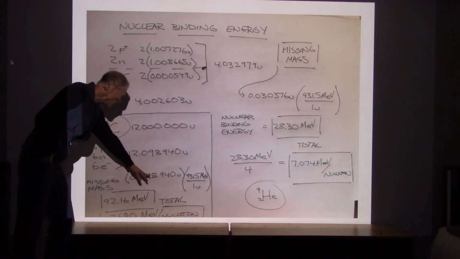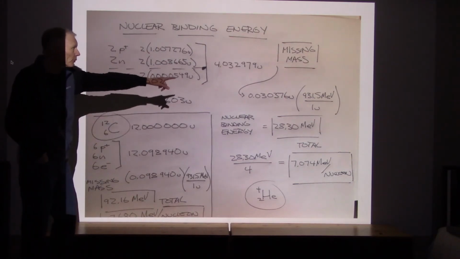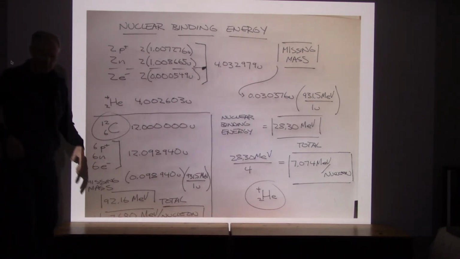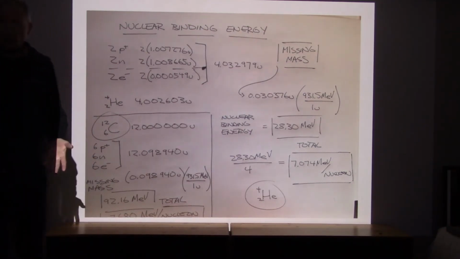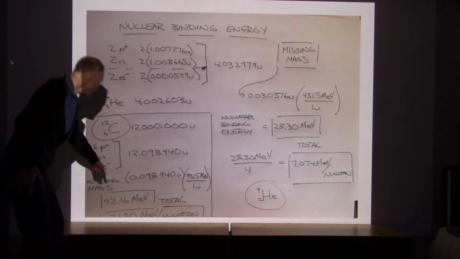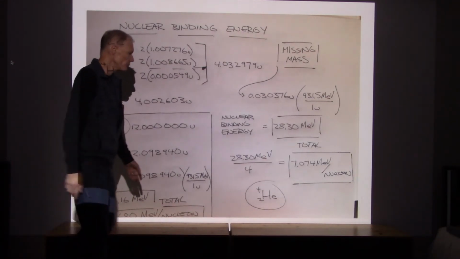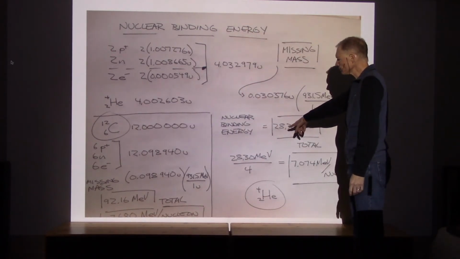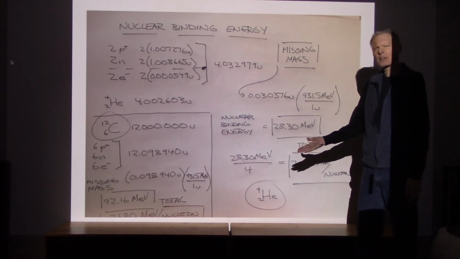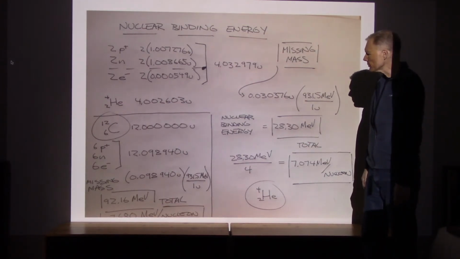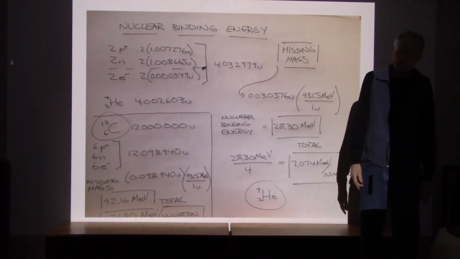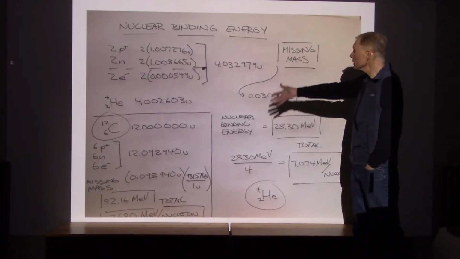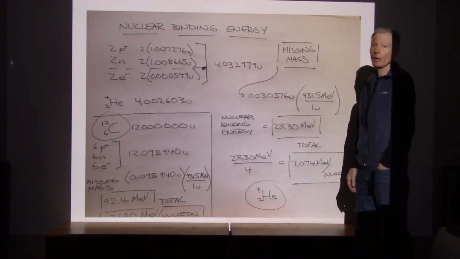If we take this amount of missing mass and use our 931.5 conversion, what we find is that the combined nuclear binding energy for carbon-12 is 92.16 MeV. Now, that's quite a bit bigger than helium-4, but that's not quite a fair comparison because helium-4 only has 4 nucleons and carbon-12 has 12 nucleons.